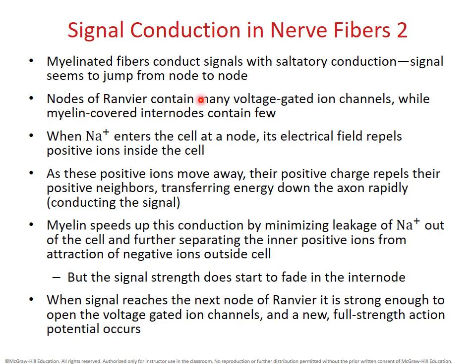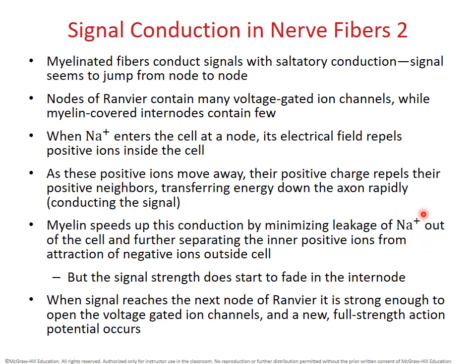So what happens in a myelinated fiber is sodium enters the cell during an initial, say, action potential. Let's say it's happening at a specific node. And the sodium ions, once they get inside the cell, start to diffuse away from the site of the action potential. Well, as they diffuse, there's something to remember.